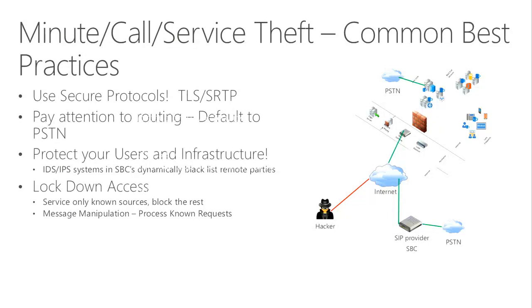Surprisingly enough, it doesn't happen as often as you would think. What a great way to steal service. I know the ports, right? Probably 5061, if I'm lucky. I'm going to come in and hammer you, and I'm going to steal some service. Because people aren't doing those steps beyond Lync to secure the infrastructure.